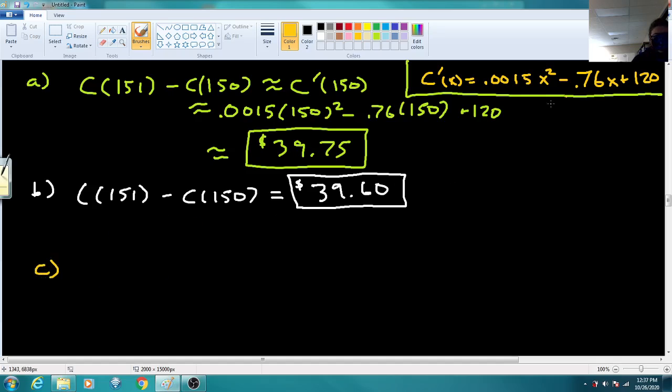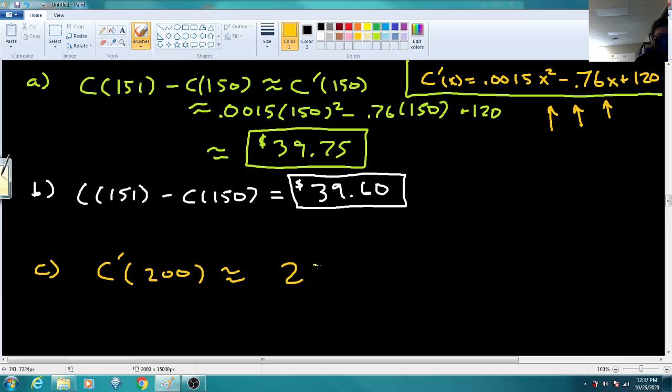So for part C, I'm going to use this equation over here with 200 plugged in, and that'll get me an approximation on the marginal cost. So we get 0.0015 times 200 squared minus 0.76 times 200 plus 120.